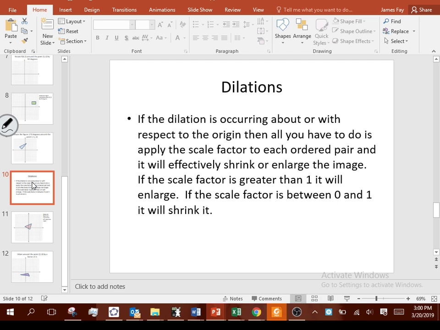Okay, so what we've talked about in the last couple days is going to kind of cross over into tomorrow's stuff. But the base dilation process says if you want to enlarge or reduce something with respect to the origin, all you have to do is take your ordered pairs and multiply them by your scale factor. Okay? That's all you have to do.